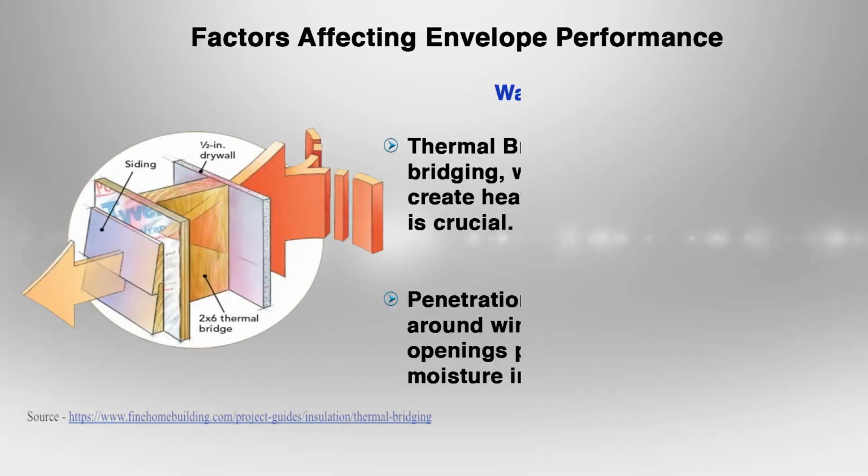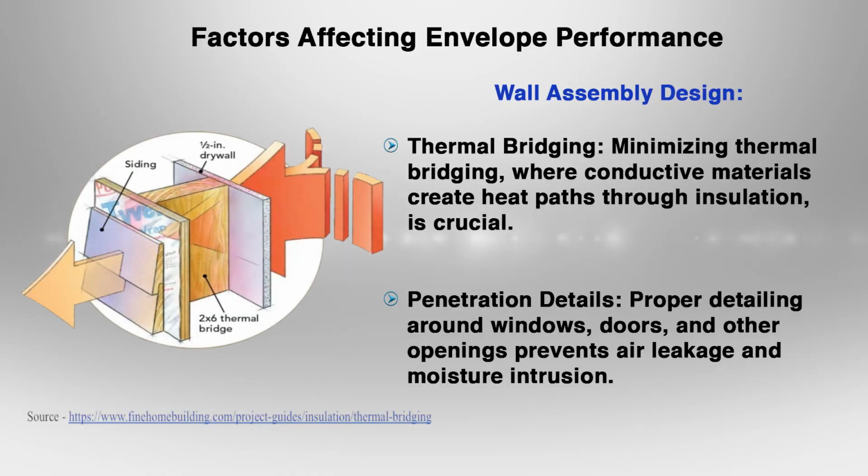Now, in the next slide we will discuss wall assembly design in the building envelope. In this presentation, we will explore different types of wall assembly, each with its own advantages and disadvantages. Framed walls are the most common type, offering flexibility and ease of construction.